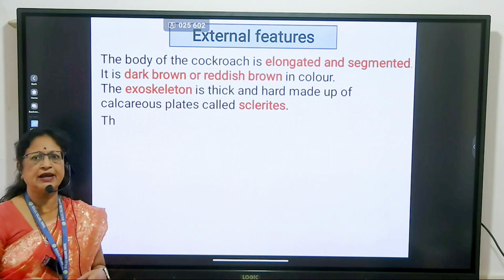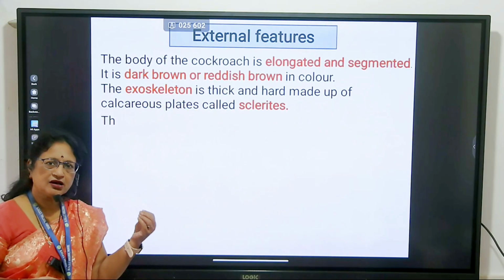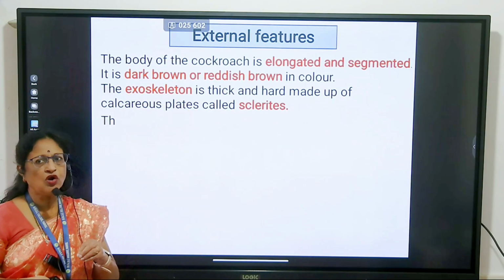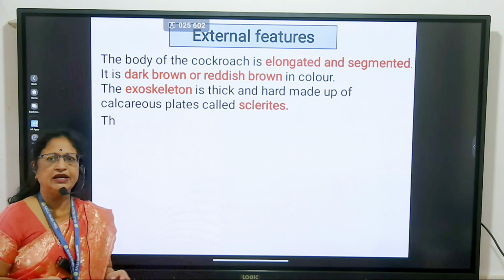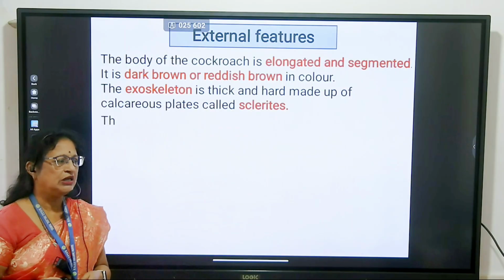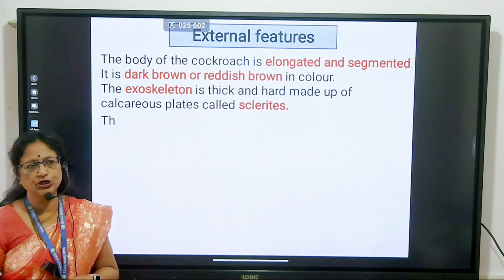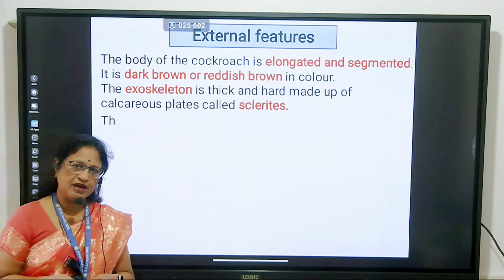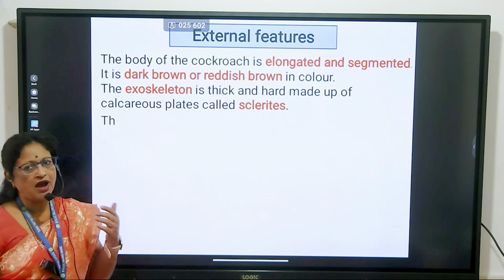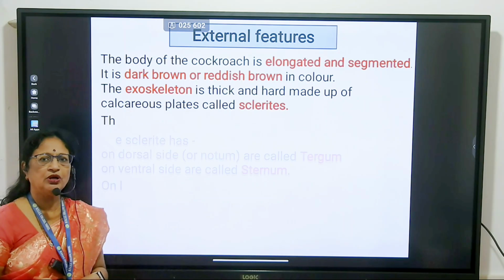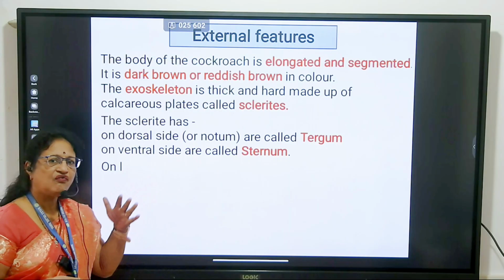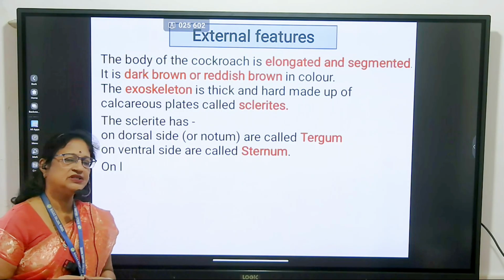We observe that the color of the cockroach is dark brown. So the first character is the color. The body of the cockroach is elongated and segmented. It shows metameric segmentation. It is dark brown or reddish brown in color and is covered by a skeleton.